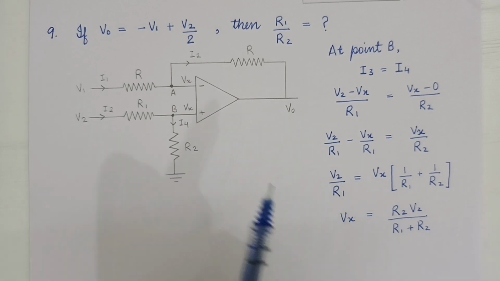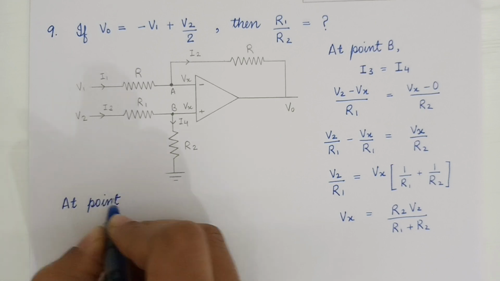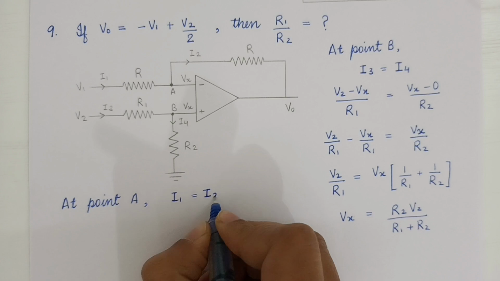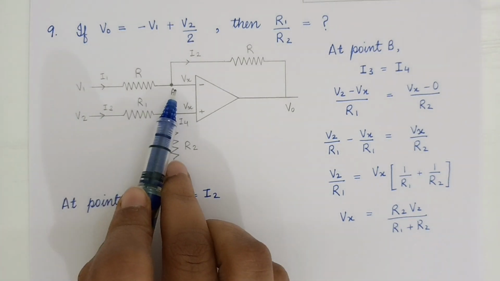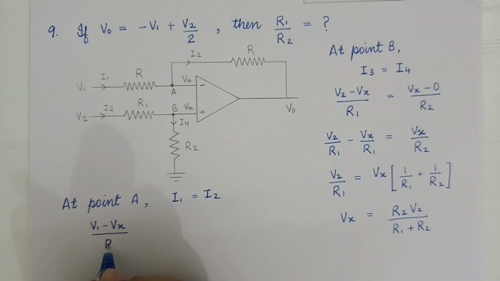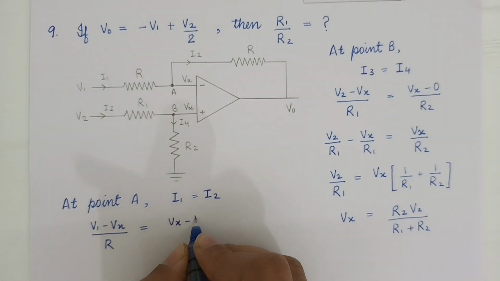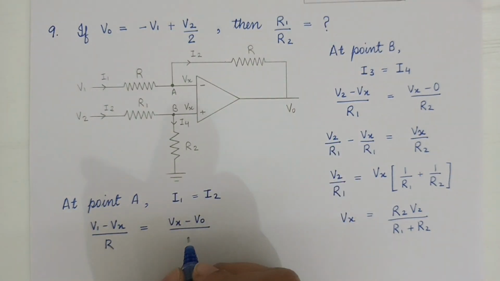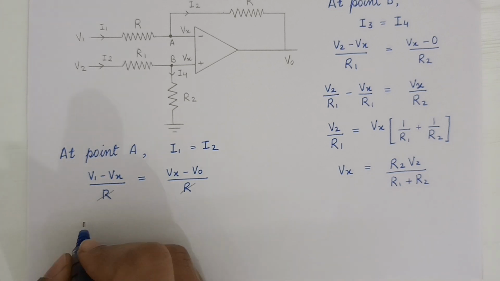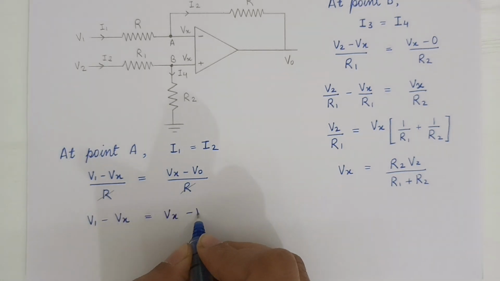Now let's move to solve point A. So at point A, I1 is equal to I2. So V1 minus Vx divided by R is equal to Vx minus V0 divided by R. Now cancel the R from both sides and we will get V1 minus Vx is equal to Vx minus V0.